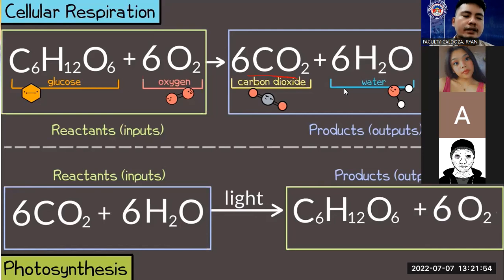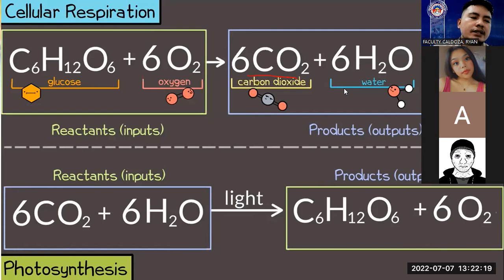So meaning to say, pag sinabi natin, class, na cellular respiration, the glucose here is about to break apart, from glucose with the help of oxygen, it will break apart into carbon dioxide, water, and ATP.